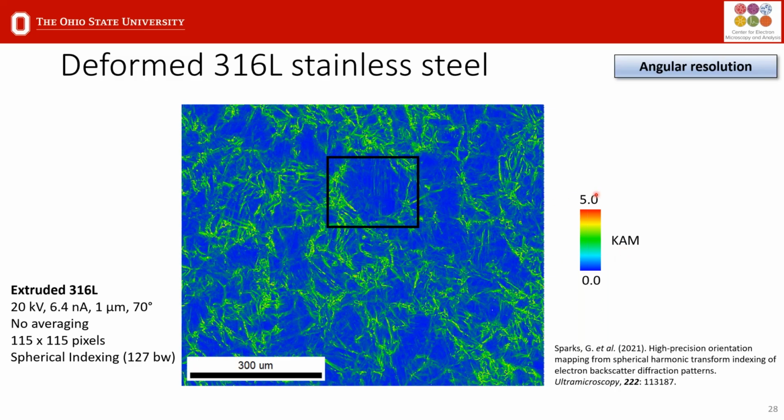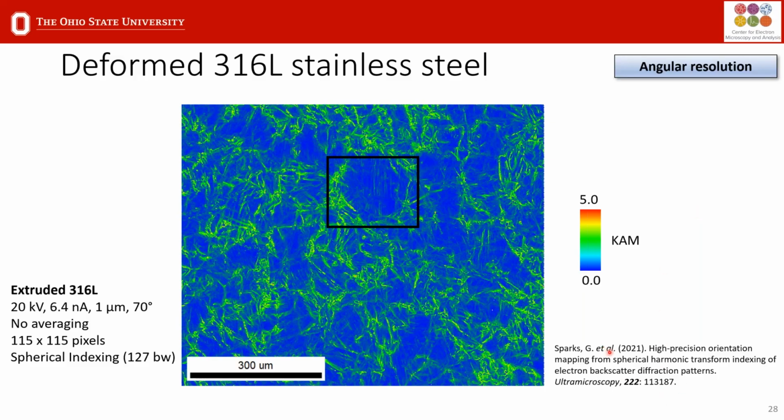And again, traditionally with geometrically necessary dislocation processing, you have to apply quite a bit of orientation filtering. But by re-indexing the real patterns with spherical indexing, you improve the angular resolution, and that will really improve your GND analysis without having to apply as much orientation smoothing.